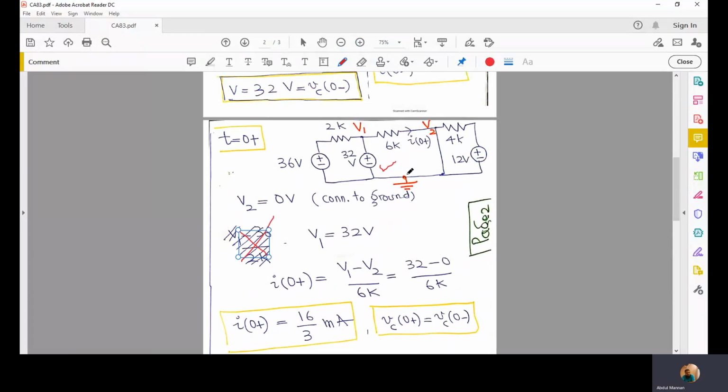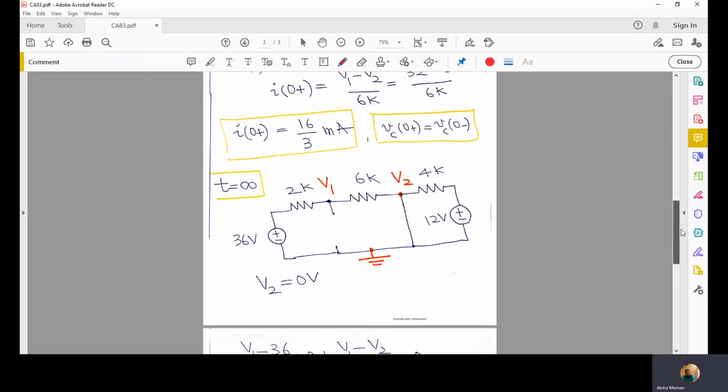It cannot supply 32 volts forever, whereas this other source can supply 36 volts forever. The 32 volt source is actually a charged capacitor, and with the passage of time its voltage will decrease, depending on the resistance of the path through which it discharges itself.